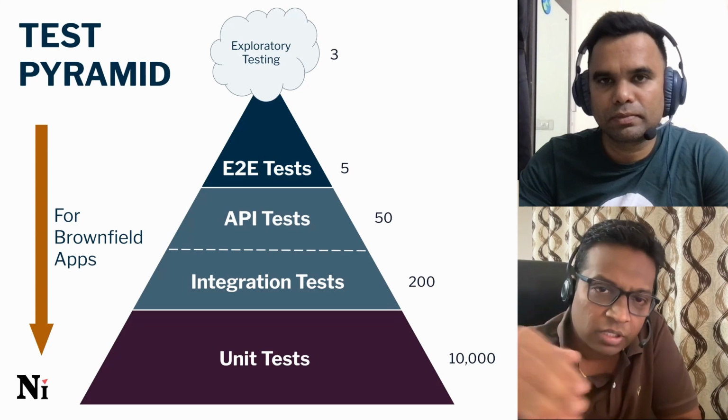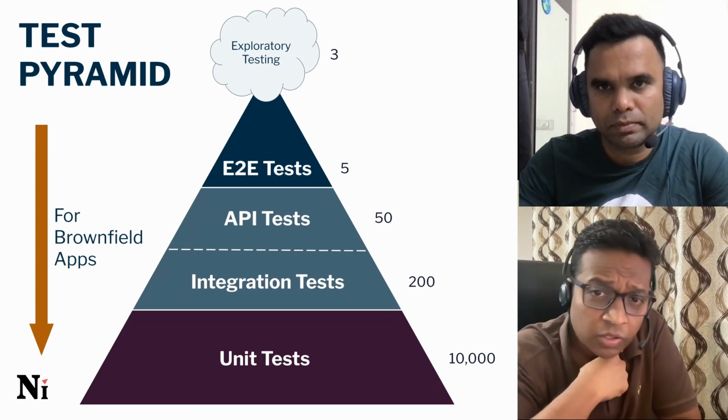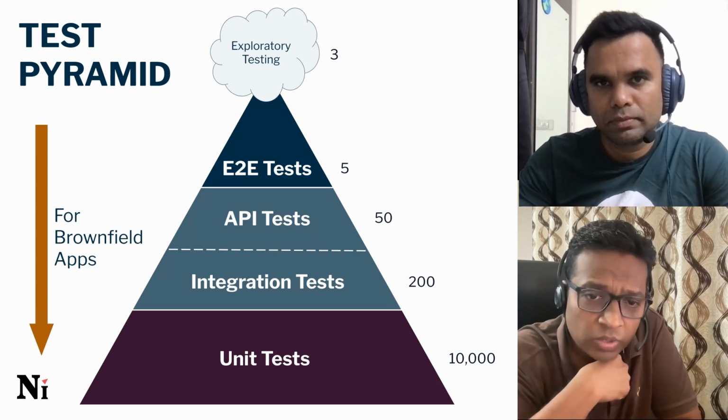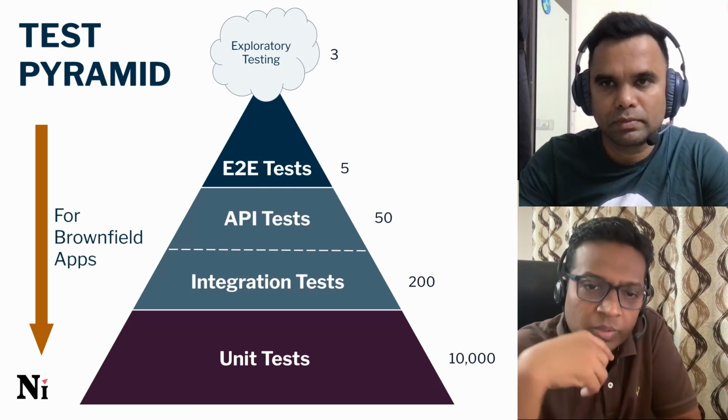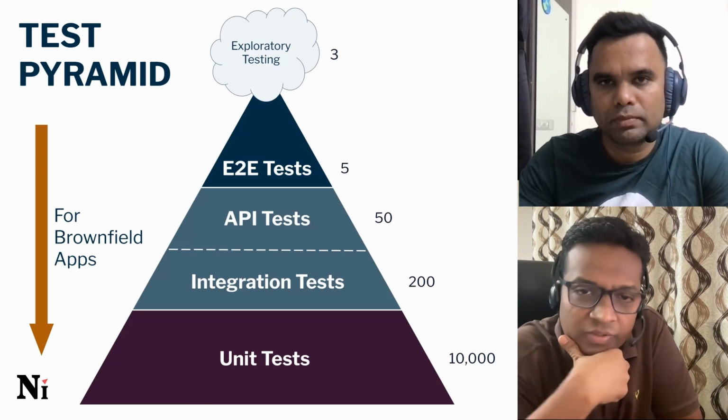So that's the first level of safety net that you can put in place. It's the cheapest to do, and it's the highest value because it gives you confidence about the most important parts of the system.